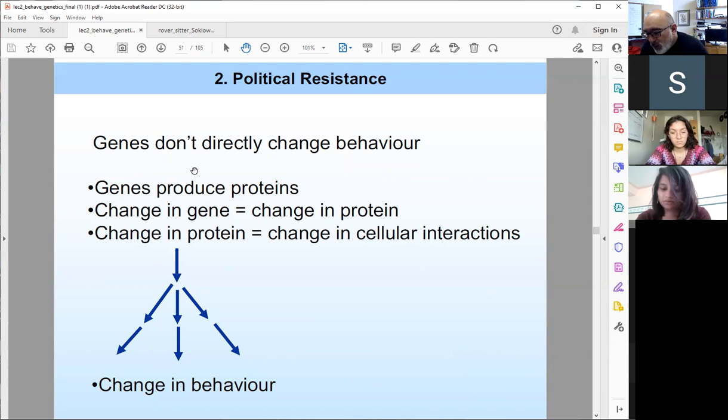My point is that it's a very complex interaction between any particular gene and the expression of behavior, whether it's multiple genes that produce a series of different interactions at the biochemical level, and then interacting with the environment. You can't say that one gene dictates a particular behavior.